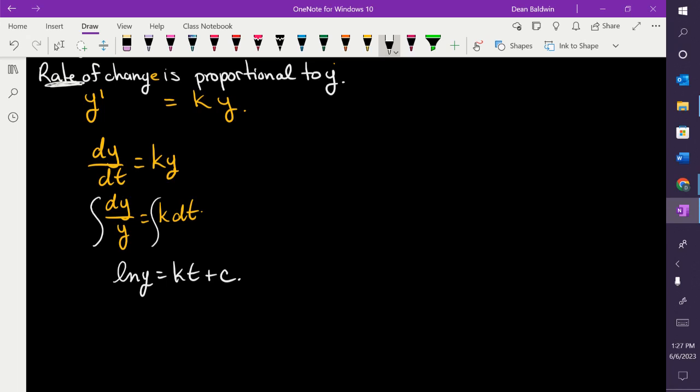Okay. So we want to solve for y. How do we solve for y? We did it in a previous example. You're going to change everything to exponential form. So you get y is equal to e to the kt plus c. So it becomes e to the kt times e to the c.